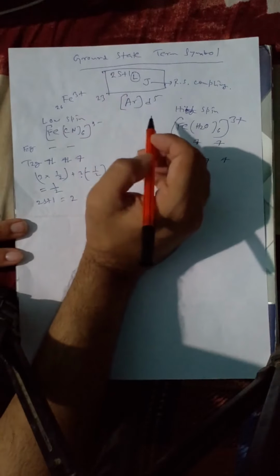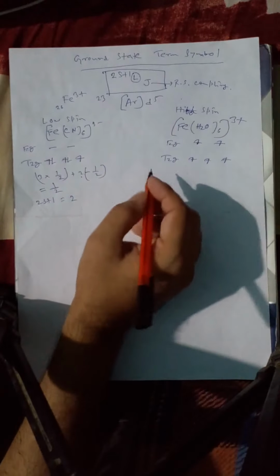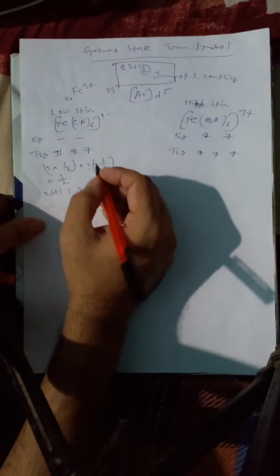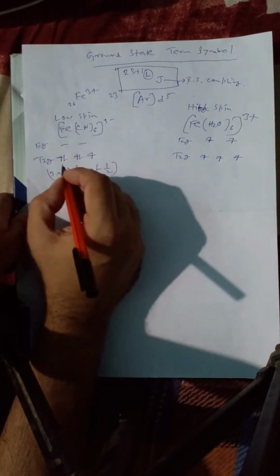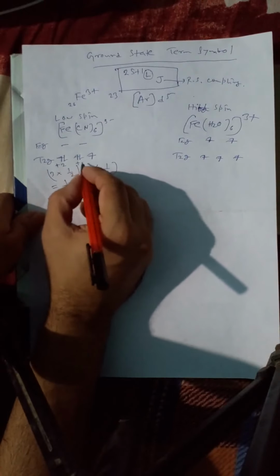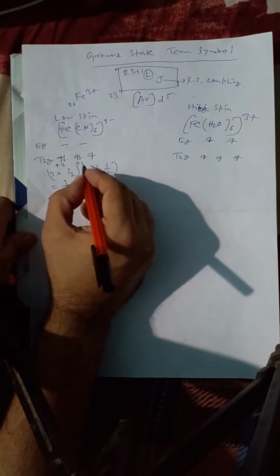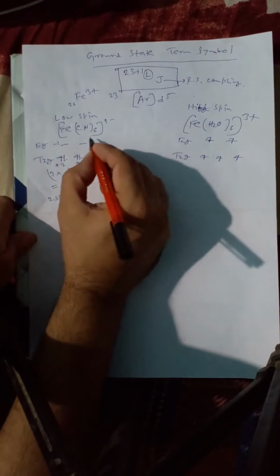Now for determining L, we have to calculate the total magnetic quantum number. For eg and t2g, we can assign the magnetic quantum numbers as plus 2, plus 1, 0, minus 1, minus 2.